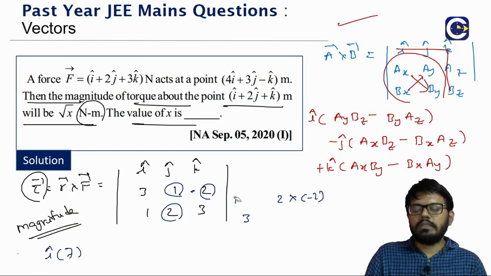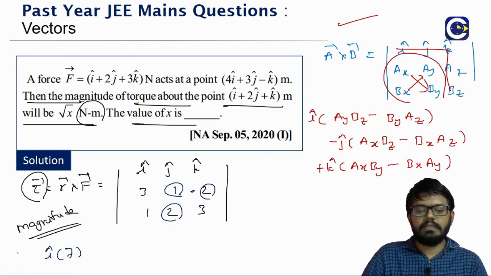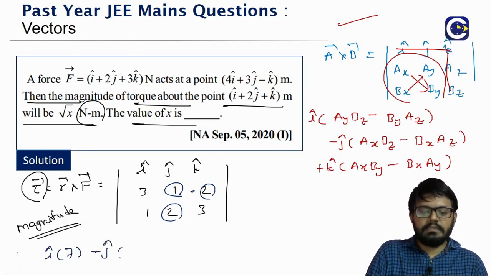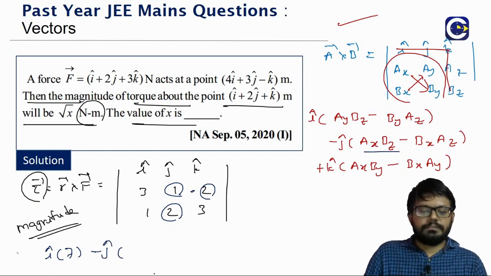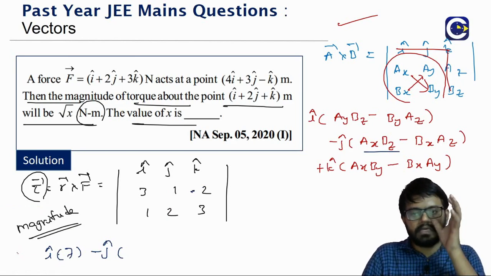Then we look at what is the component of J. Component of J means there is a minus already in front of J, that we need to look at. Okay. So what is it? Minus J into what is the component? AX. The only thing that we have to be doing is once you know the determinant formula concept, we will just have to patiently work it out.